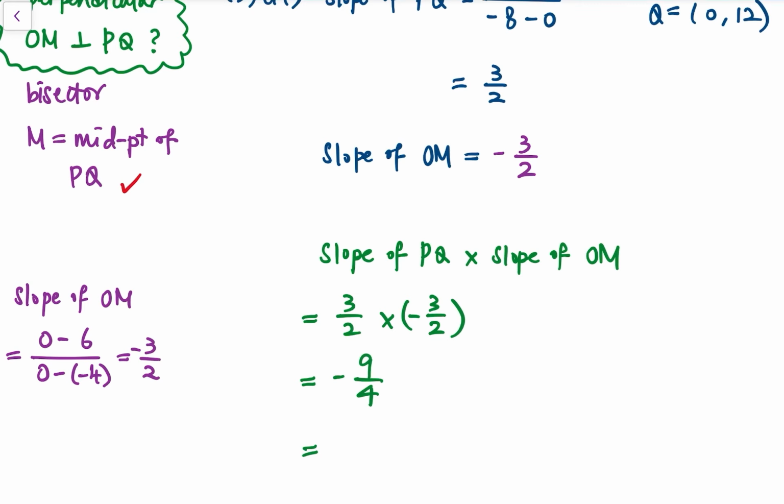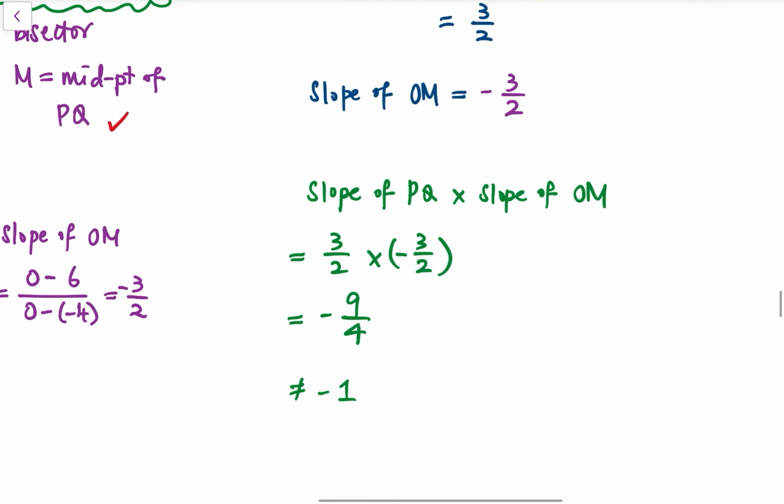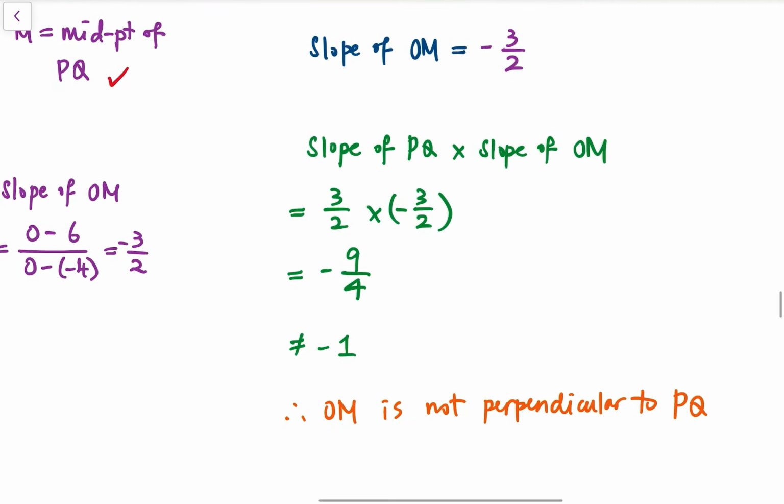We get negative 9 over 4, which is not negative 1. So that's why OM is not perpendicular to PQ. So even though OM bisects PQ, it is not perpendicular to PQ, so therefore it's not the perpendicular bisector of PQ.